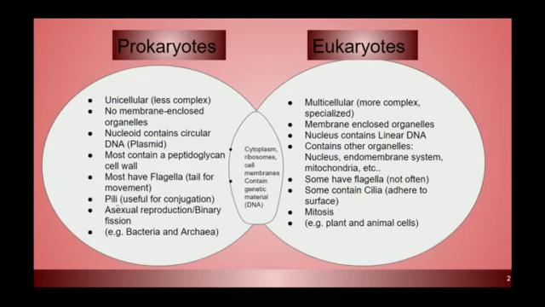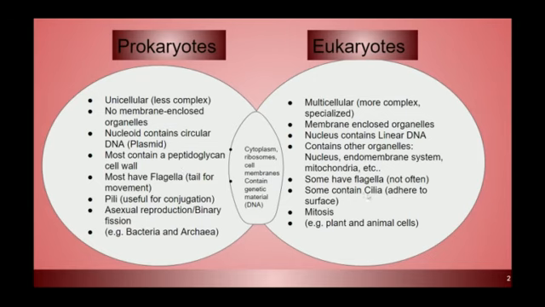Here prokaryotes have something called a pili, which is useful for conjugation. Conjugation is basically a way of DNA transfer between one bacterial organism and another. And the pili are used for the two bacteria to link up and act as a bridge for the DNA, the DNA plasmids, to be transferred from one bacteria to another.